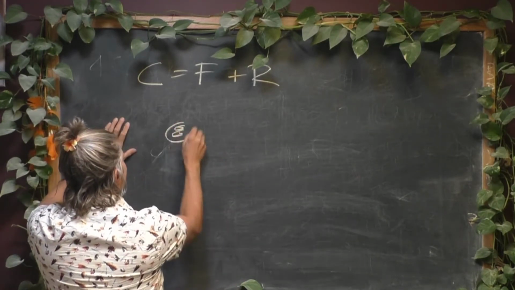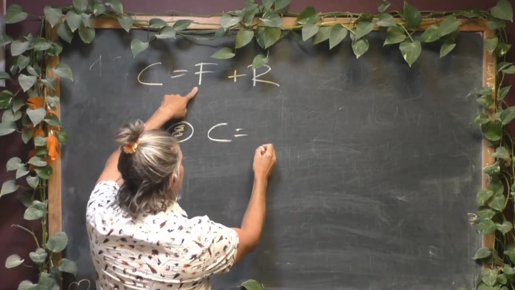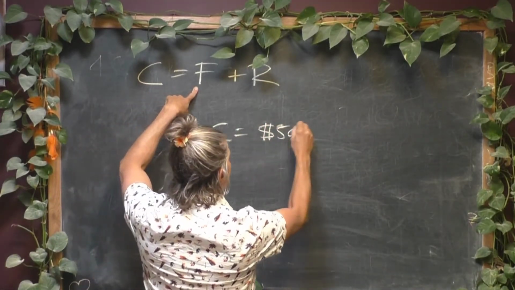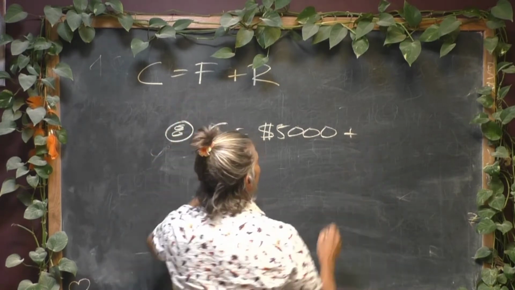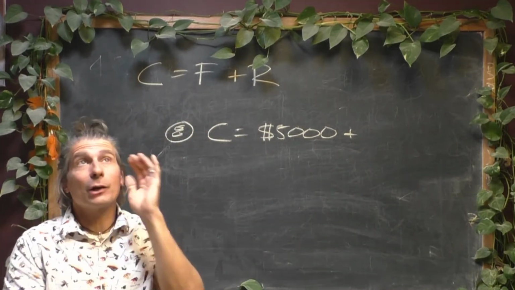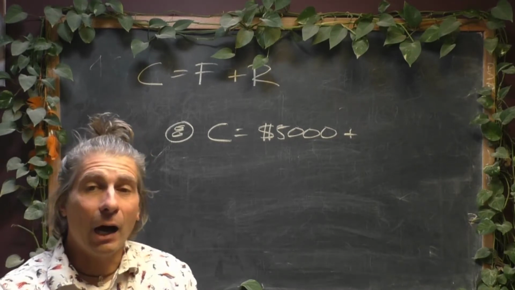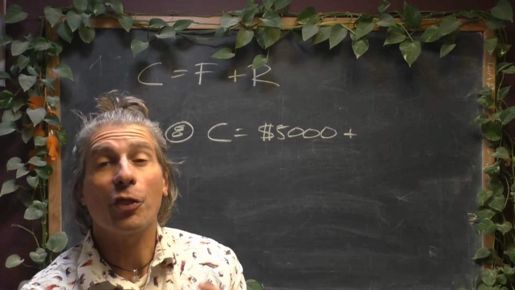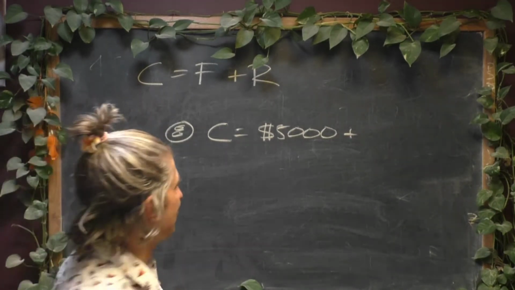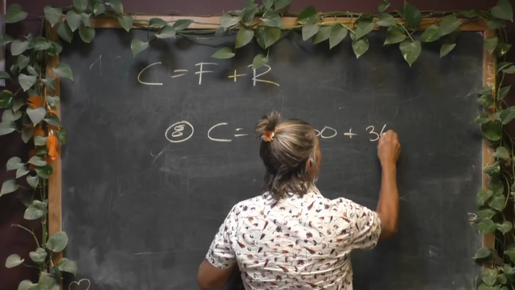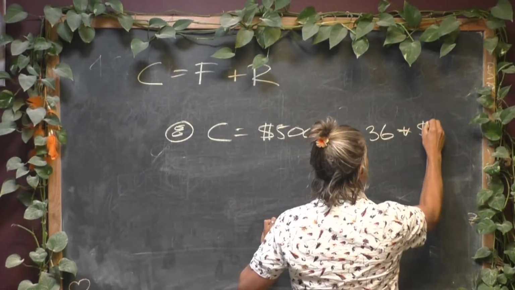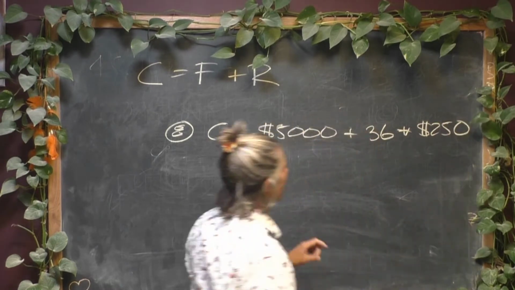So at number 8, total cost is going to be the fixed cost, which is $5,000, plus, since it's 3 years, that's 36 months. Rather than add up $250 36 times, I think what we should do is do 36 times $250. And you know what we're going to do?